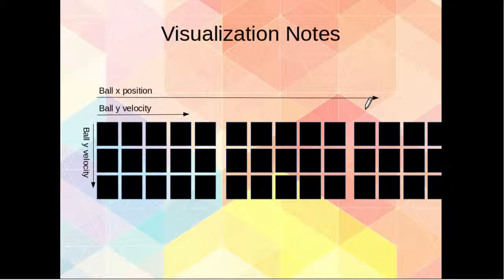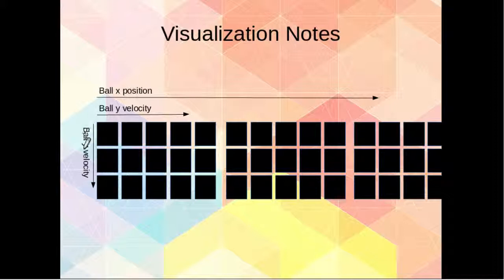So I'm going to unfold it as a grid of these. Actually, this is an error. This should say ball X velocity, not ball Y velocity. I forgot to fix that. I'll have a grid of these, and it'll look kind of like this. Along this direction of the grid, the ball is moving to the right, so it's moving towards the player, and over here the ball is moving towards the left, so it's moving towards the opponent.